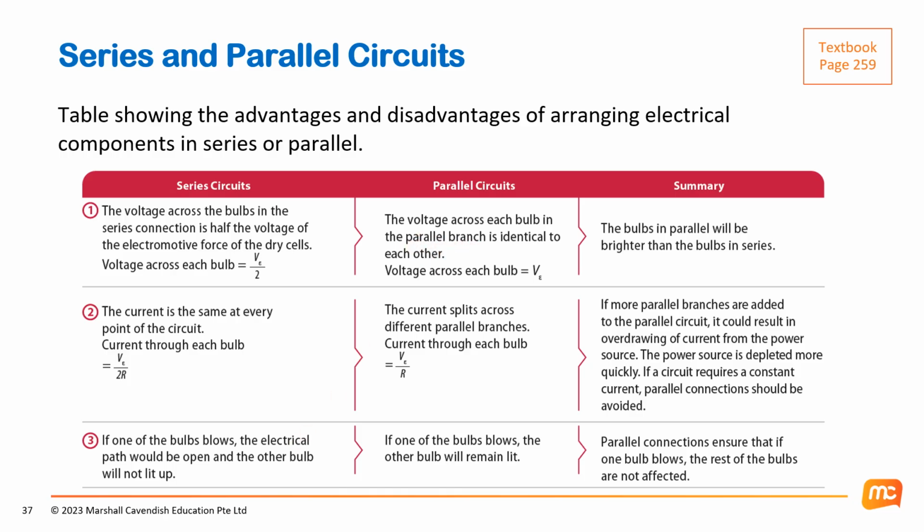So if you are unable to visualize this, go and draw a diagram at the side to compare, let's say the one in parallel versus the one in series. So this is parallel, and then you draw maybe another one at the side that shows a series circuit.